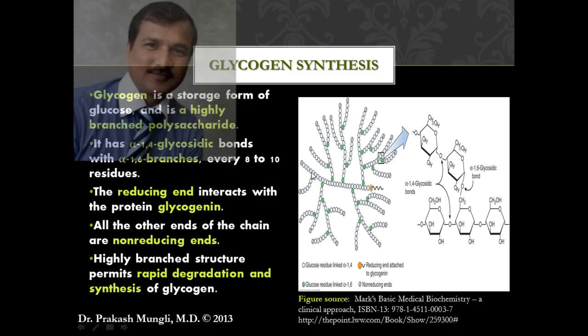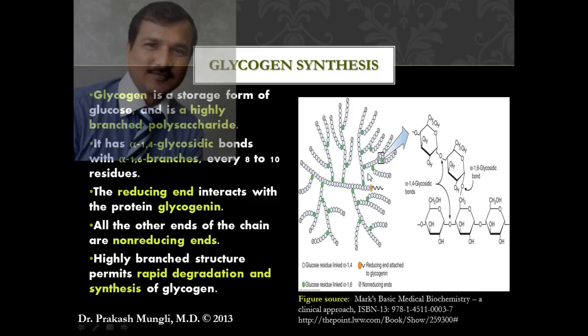As you can see on the left-hand side in this picture, glucose residues are attached by alpha 1,4 glycosidic bonds, and there is a branch point here, and again a branch point here. Of course, in this picture you won't be able to make out that there is a branch point for every 8 to 10 glucose residues. That is not shown here because of the space restriction.